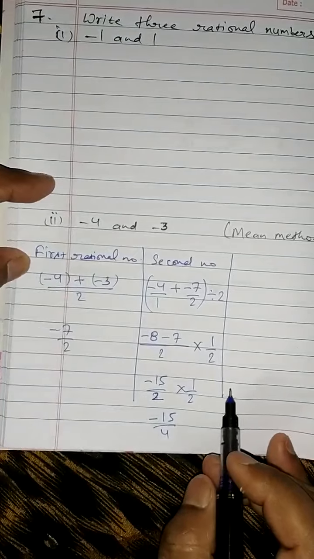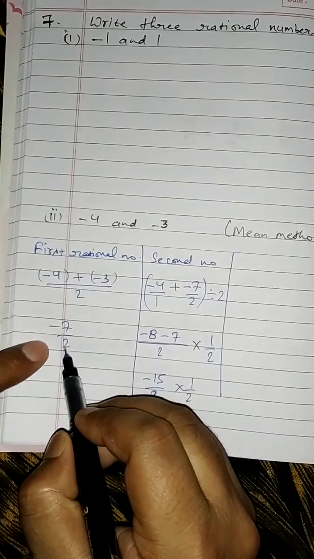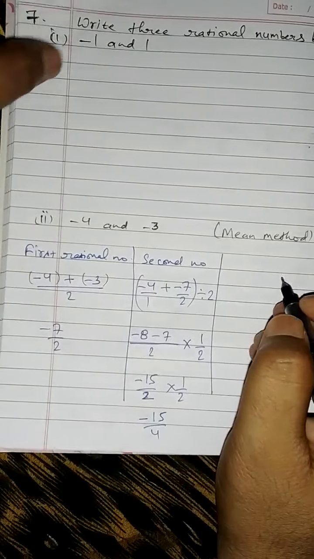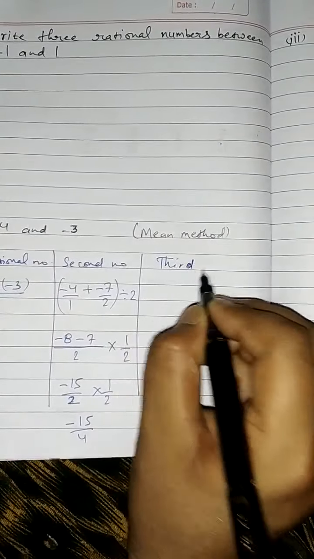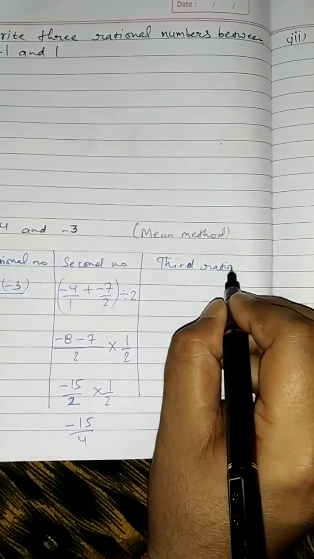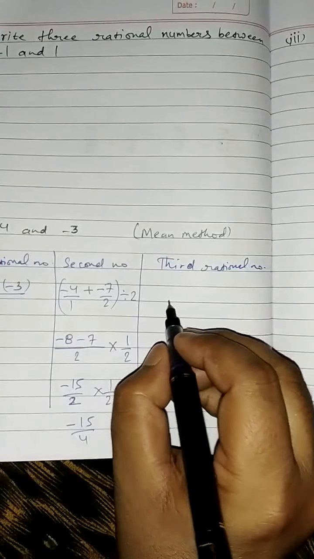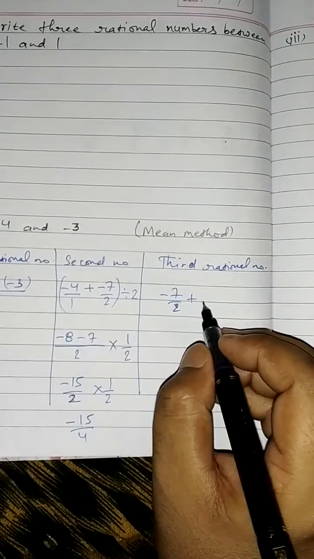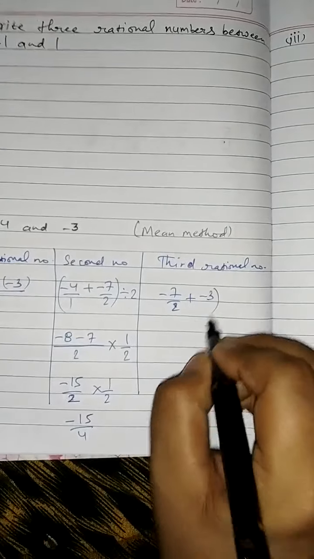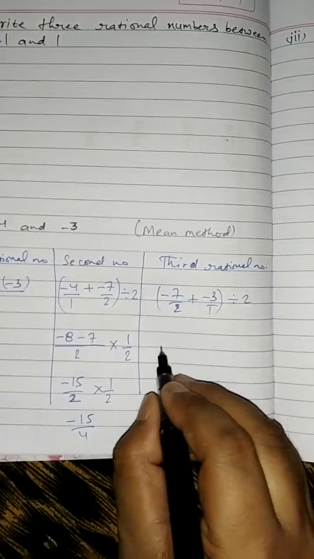Now I am going to find a new rational number between minus 7 upon 2 and minus 3. Third rational number: minus 7 upon 2 plus minus 3, divided by 2. Now we take the LCM of 2 and 1.